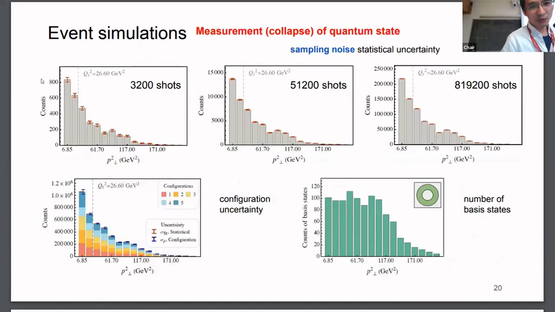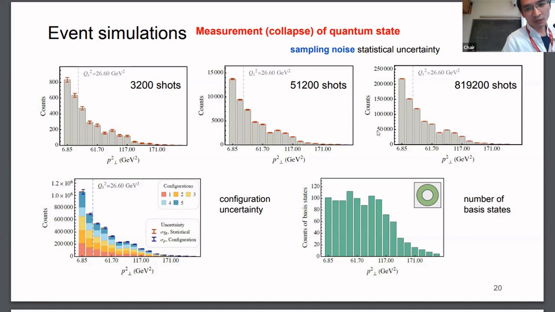And this is what we get from a particular simulation. So in quantum simulation, you have this number called shots. It's how many times you fire your quantum circuit. And this is particularly intriguing because it is actually a collapse of quantum states. So it's very different from what you do for quantum mechanics.